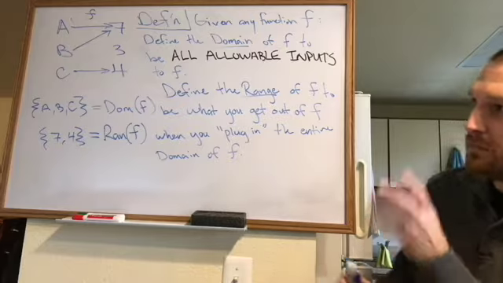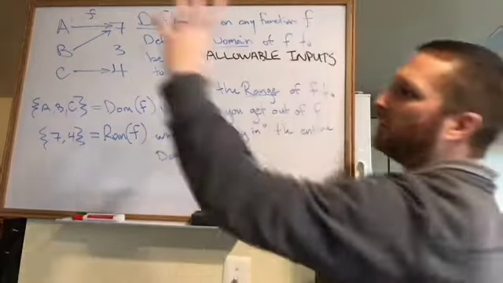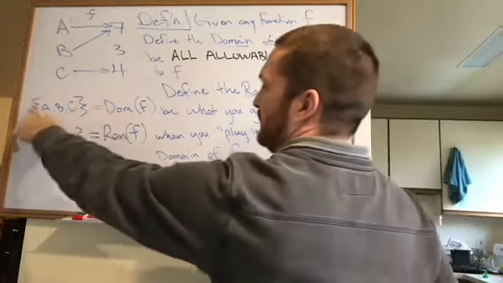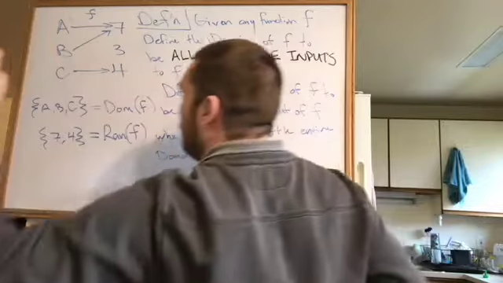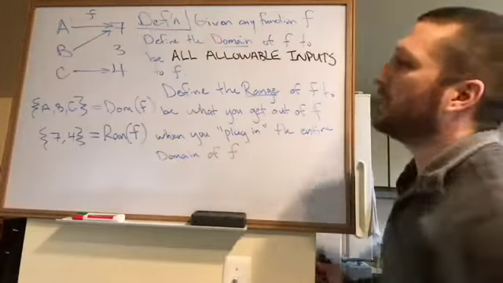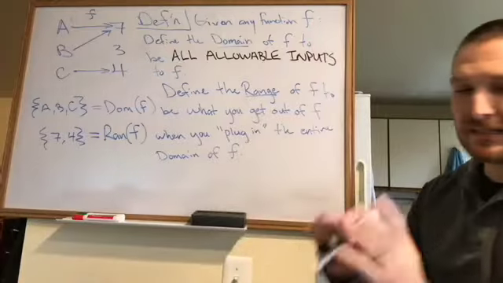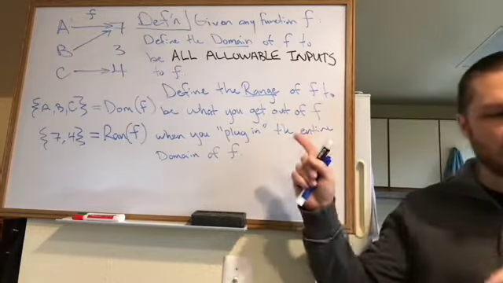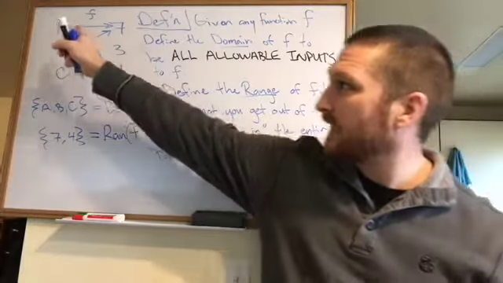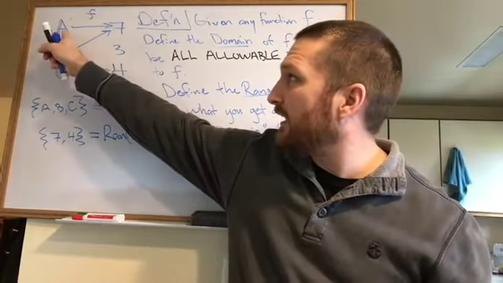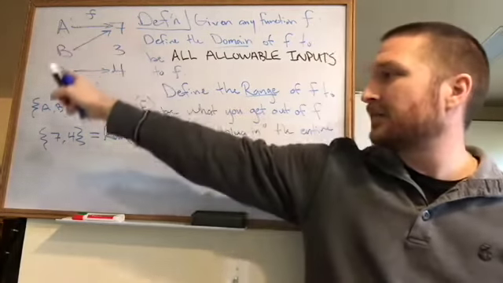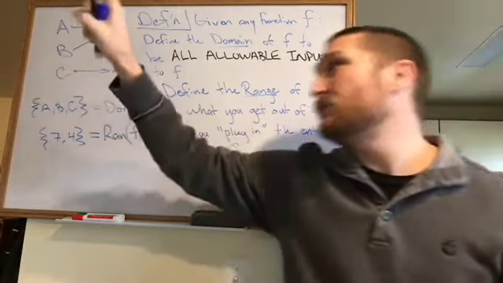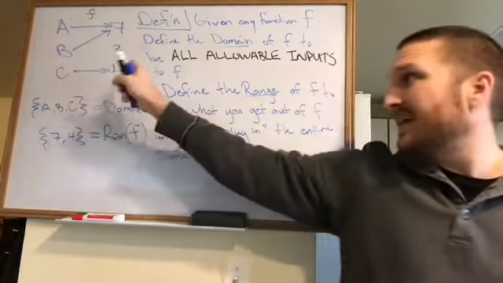What we're going to do is imagine that we've taken all of the input values. We've taken all of the allowable inputs to f, and then we plug it in. And we see basically, and another way of saying this is what gets hit. That's why I love the arrow notation, because if you shot an arrow from A, it would hit 7. If you shot an arrow from B, it would hit 7. If you shot an arrow from C, it would hit 4.